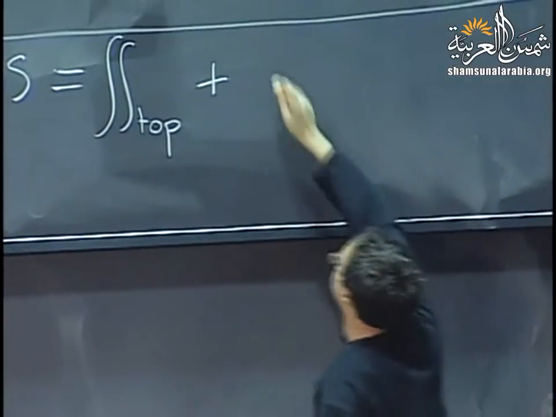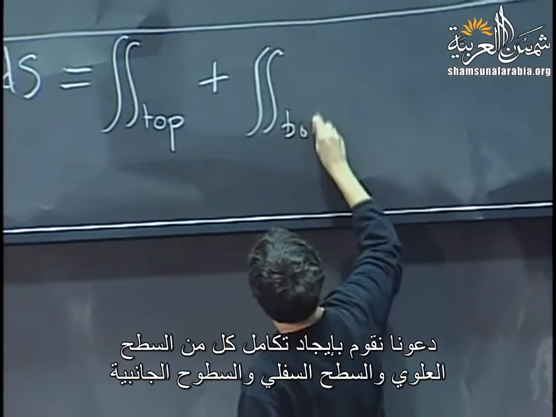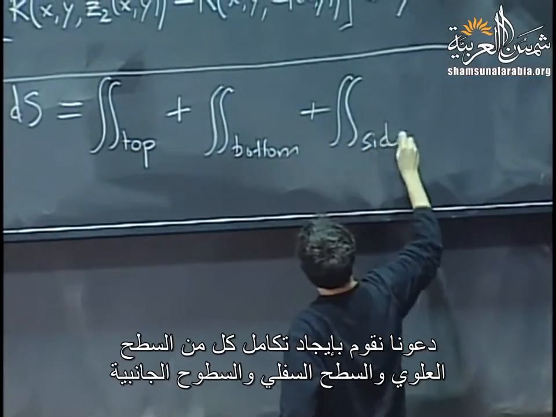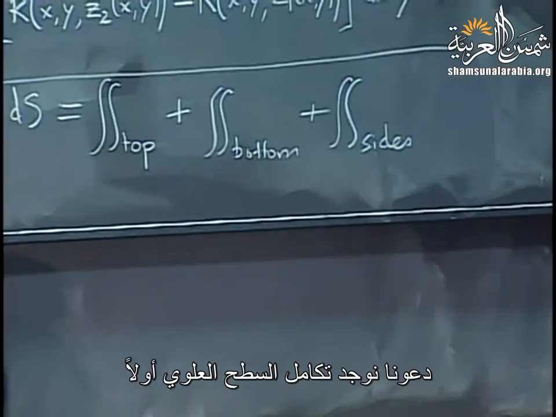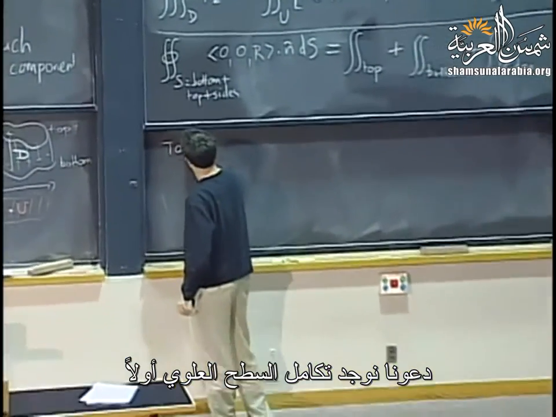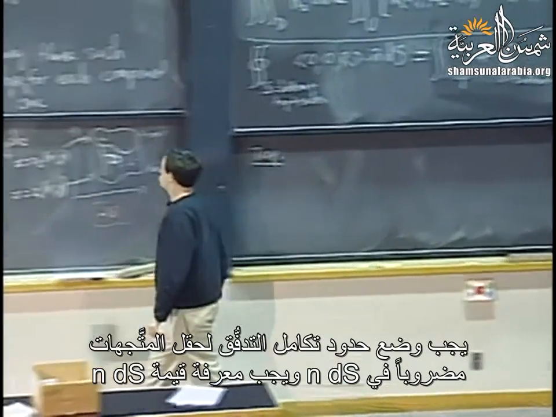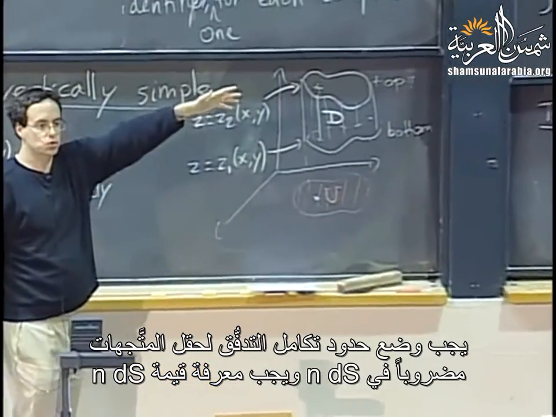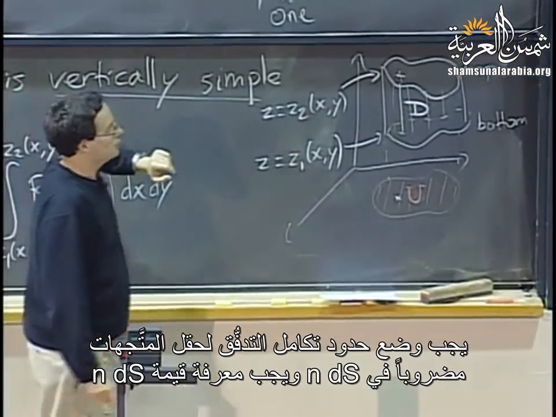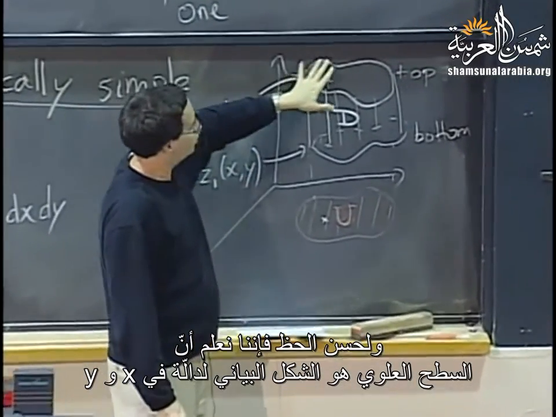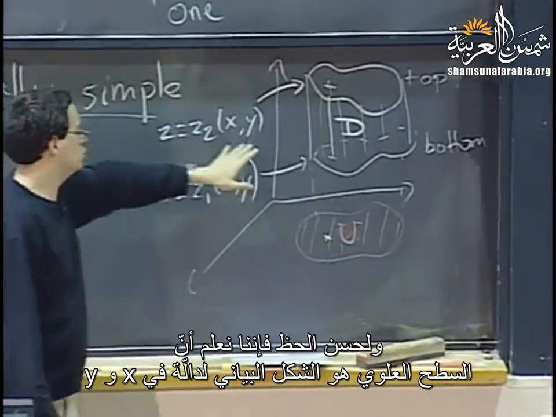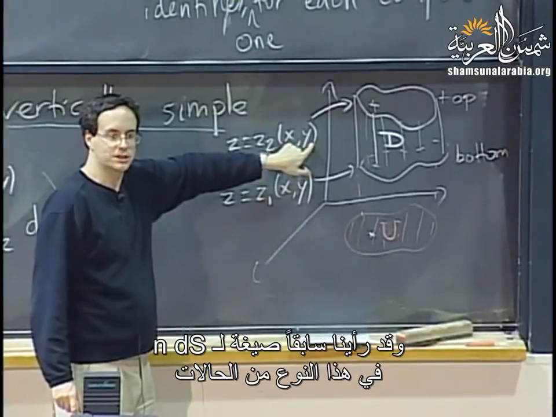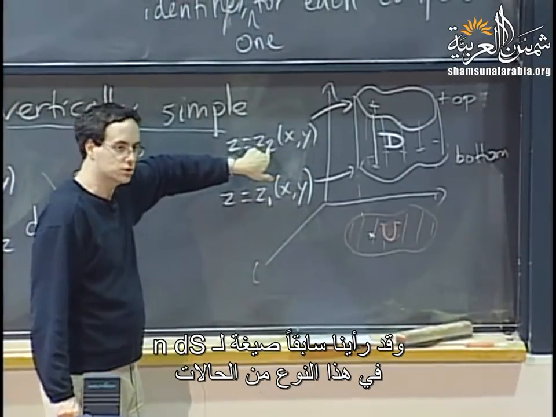So just to remind you, well, okay. Let's do all of them. So let's look at the top first. So we need to set up the flux integral for vector field dot n dS. We need to know what n dS is. Well, fortunately for us, we know that the top face is going to be the graph of some function of x and y. So we've seen a formula for n dS in this kind of situation.